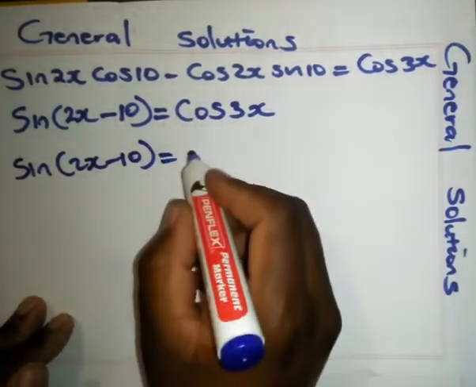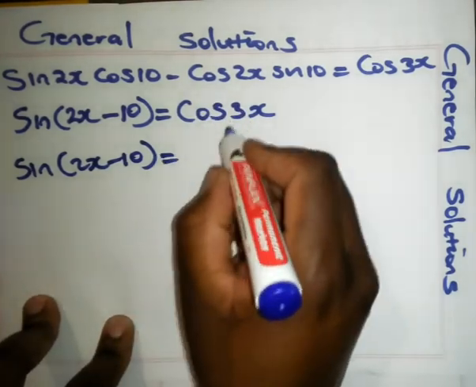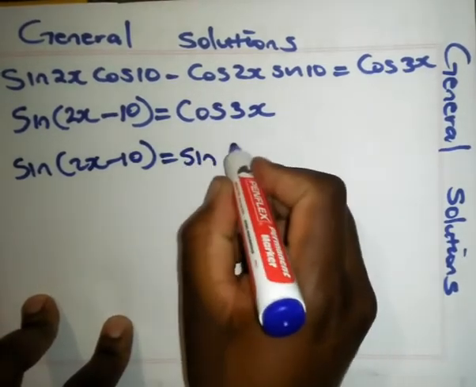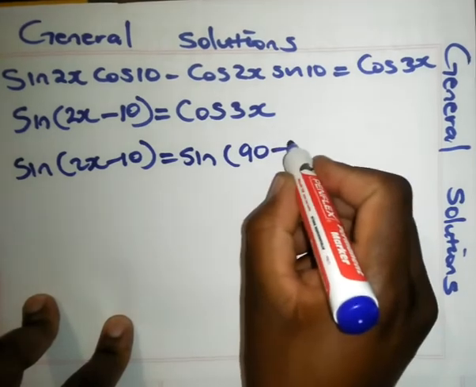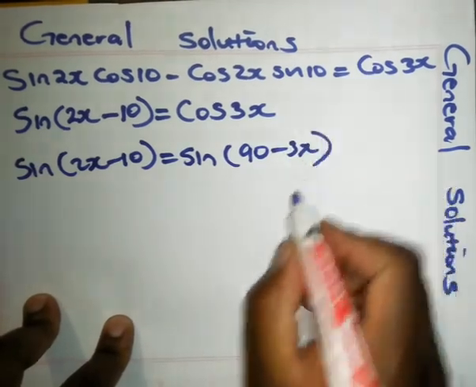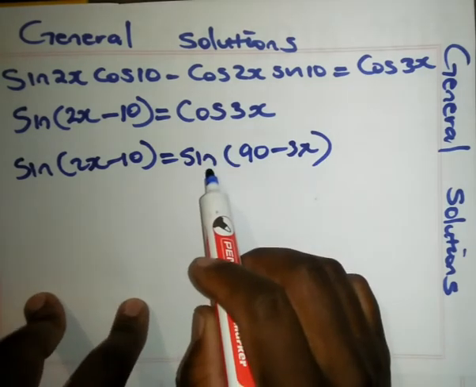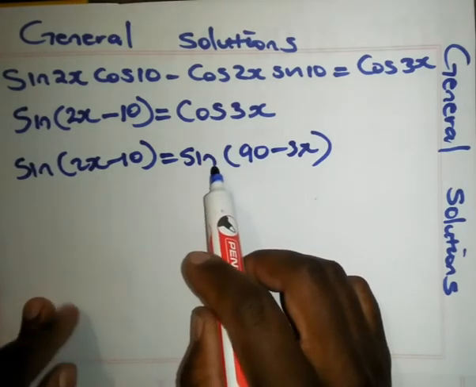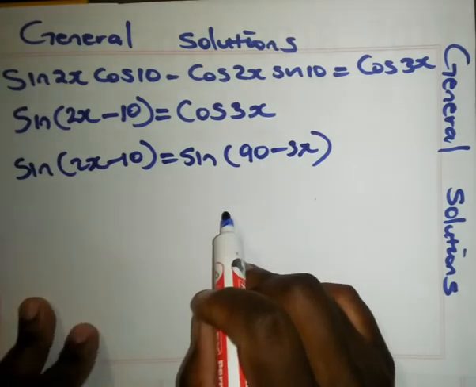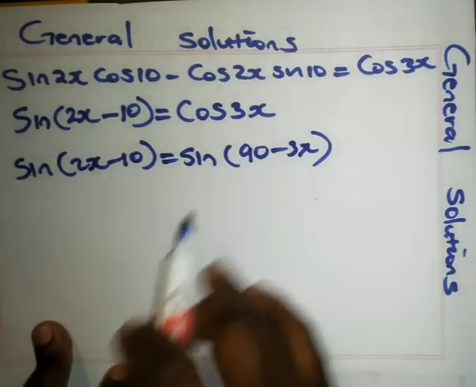Therefore, if I apply the co-ratio here, this part is going to be sine into the 90 minus 3x. Because of this 90, the cos has changed to its co-ratio, which is sine, and therefore we can apply the general solution method straight away from here.